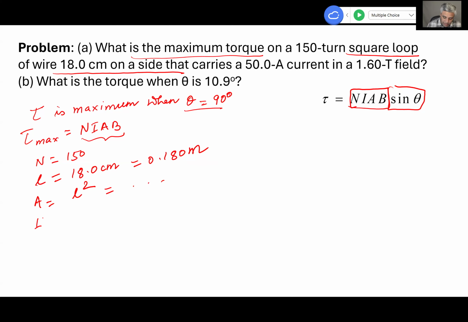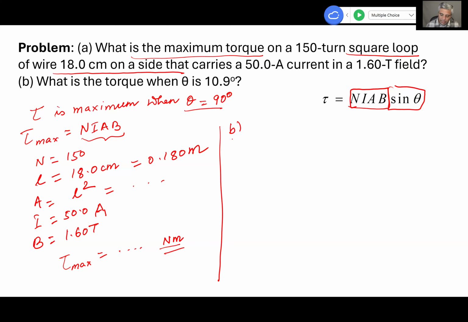And then current is 50.0 ampere, and B is 1.60 Tesla. So that means T max is the product of all these numbers, and the unit of torque is Newton times meter. Remember, torque is lever arm times force, so we can just multiply that.